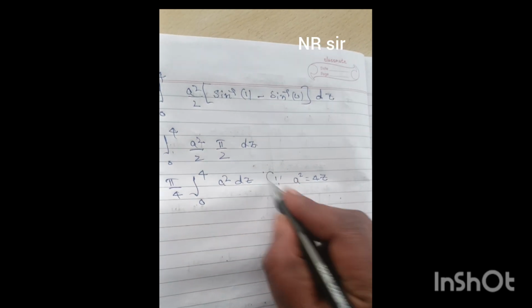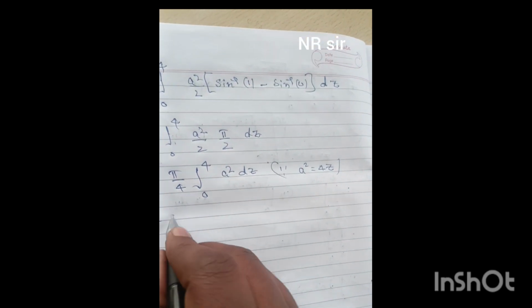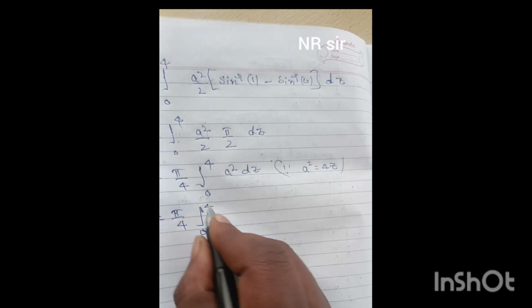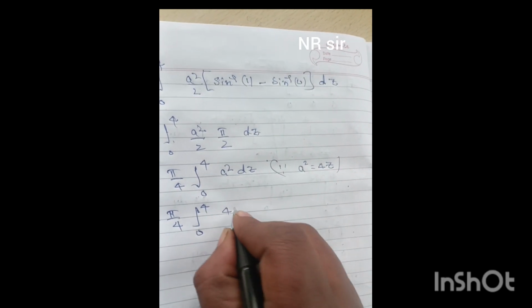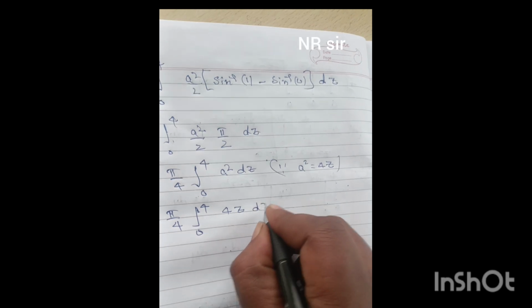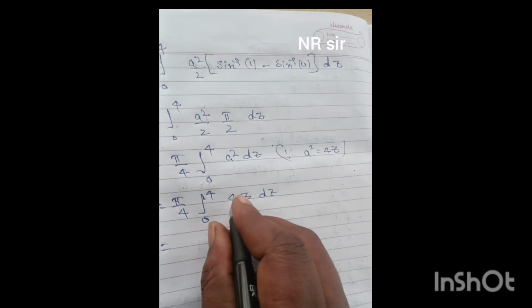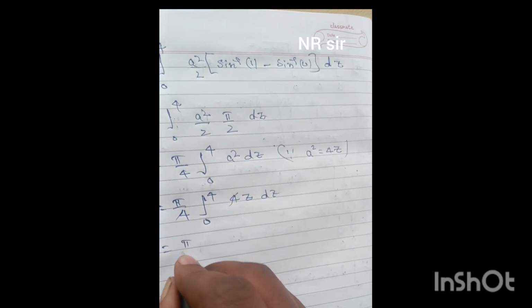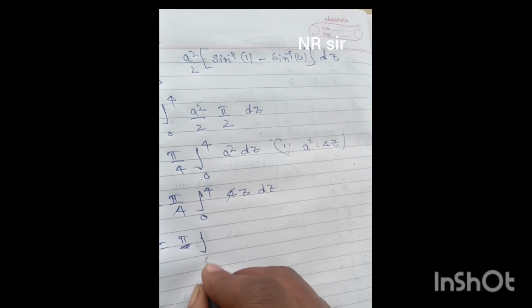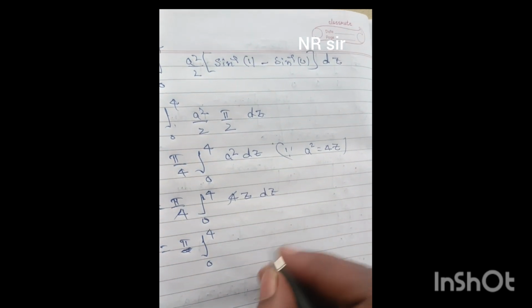If you substitute that here, pi by 4, 0 to 4, this will become 4z dz.